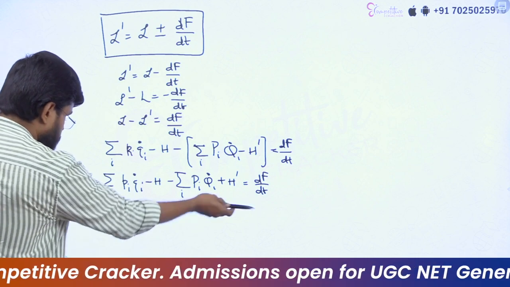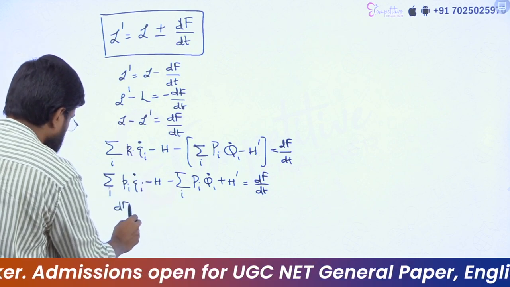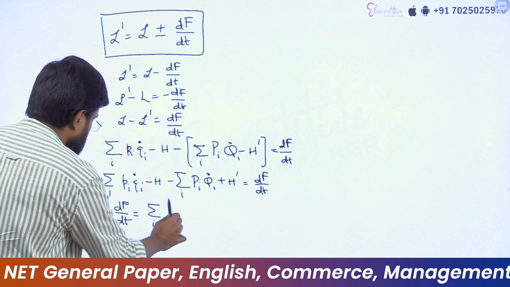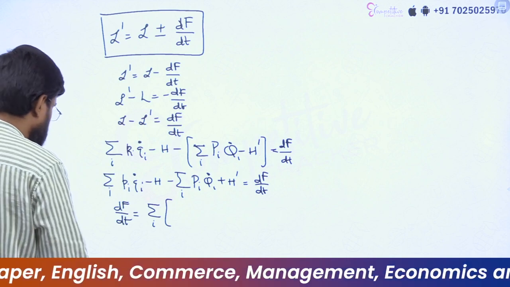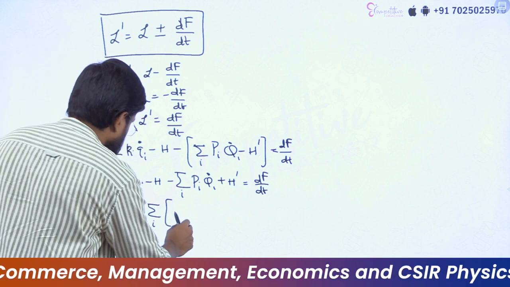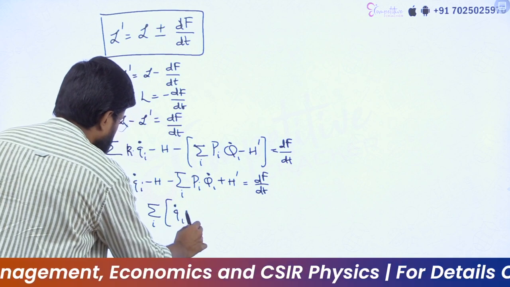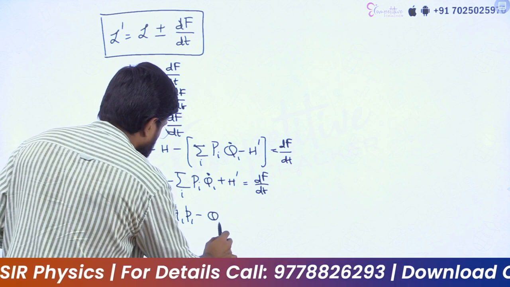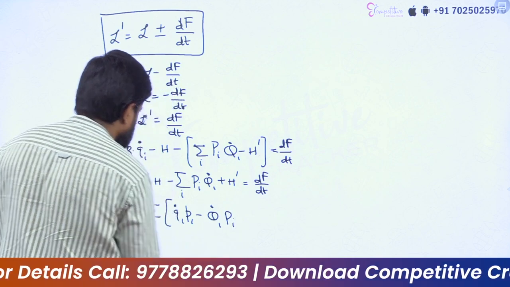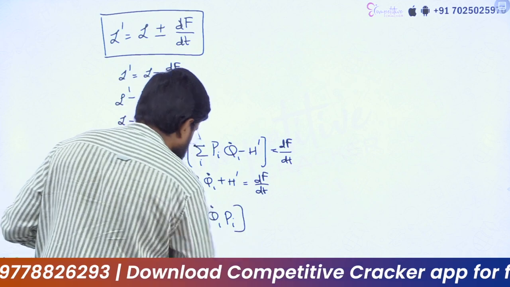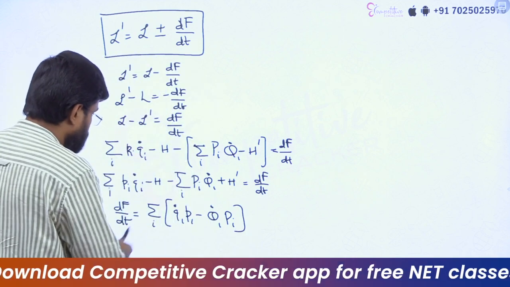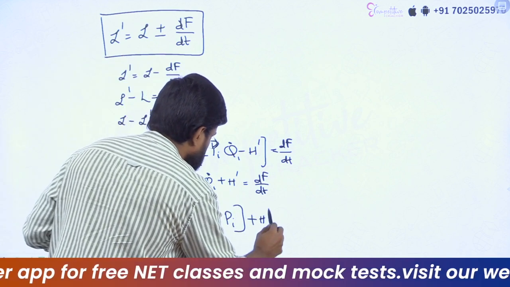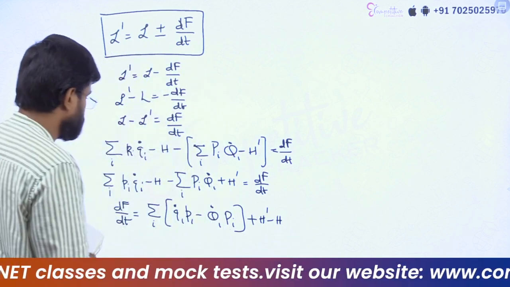Or df by dt equals summation over i, pi qi dot minus capital Pi capital Qi dot, see, summation is taken common, and it is H prime minus H, correct?